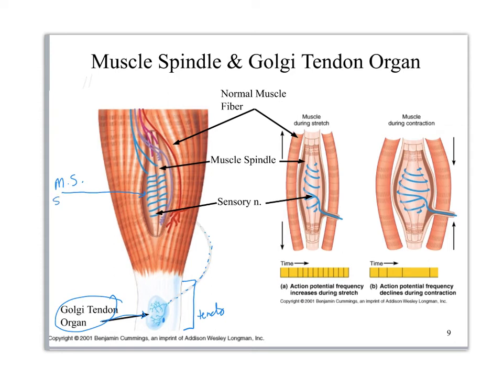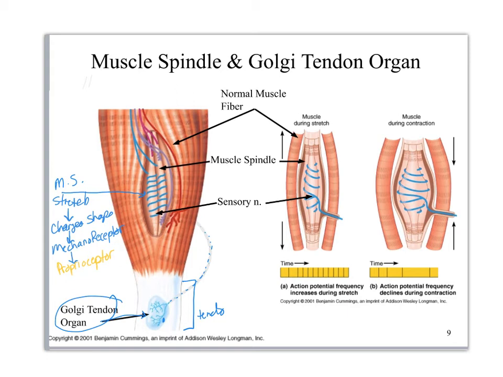So when you stretch, it changes the shape, which means this is a mechanoreceptor because it's detecting mechanical shape change, and is a type of mechanoreceptor that is also called a proprioceptor because it's located in a muscle or a joint and it's telling the body what these structures are doing.